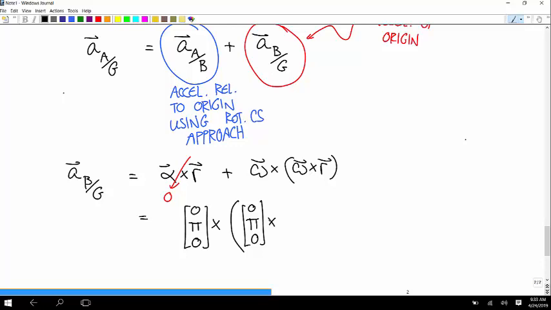Now remember the difference between R and P. P goes from the origin to the point you care about. R goes from the center of the circular motion, wherever that is, to the point you care about. So what's the R vector from the center of the circular motion to, in this case, the origin, that point B? Negative 2.5, 0, 0.